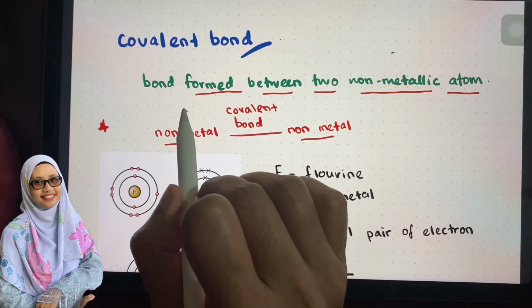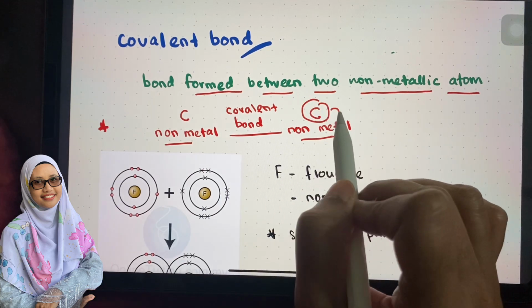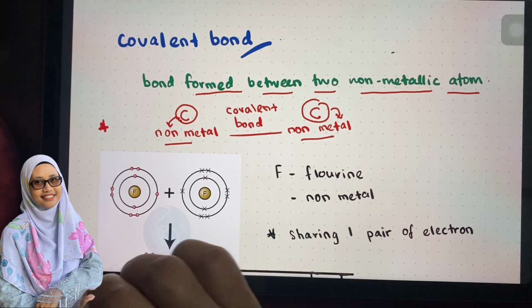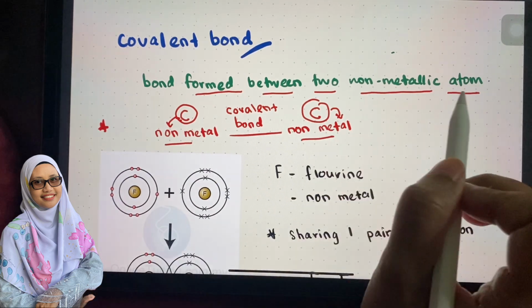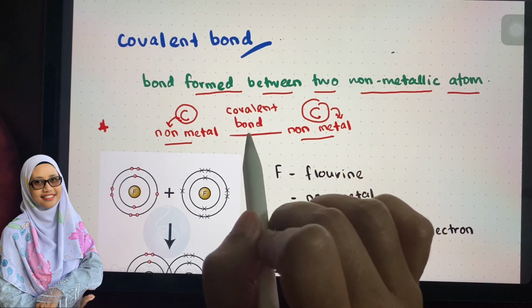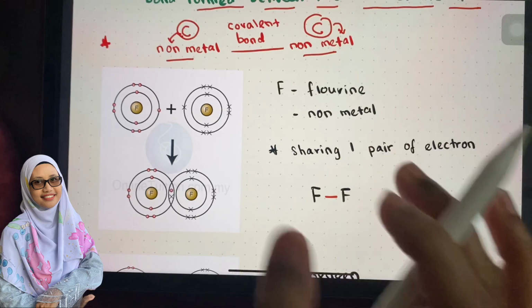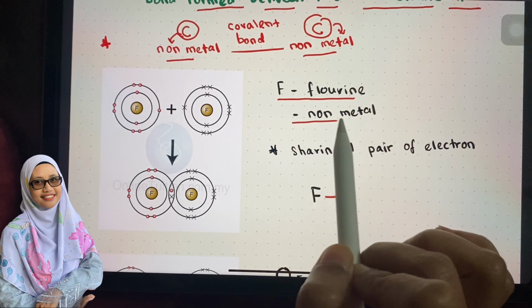Let's say we have carbon and carbon. We know carbon is non-metal. So the bond formed between these two non-metallic atoms is called covalent bond. Can you understand? Here I have an example. The example here is fluorine. Fluorine is a non-metal.